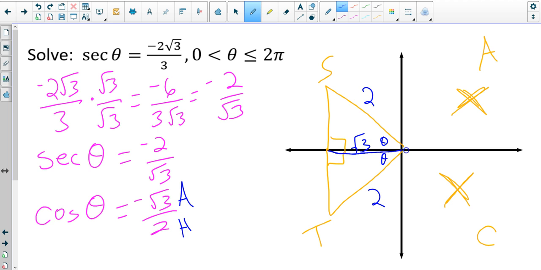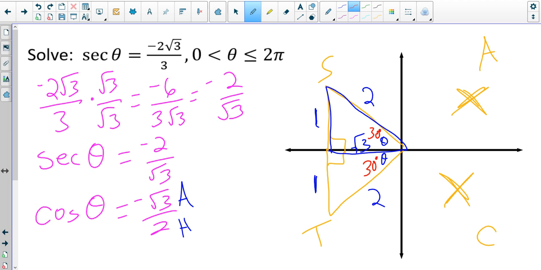For this top triangle here, if I did the Pythagorean theorem, x squared plus the square root of 3 squared, so x squared plus 3 is equal to 2 squared, we would get a value of 1. Same thing here on the bottom triangle. This matches up directly with my 30, 60, 90, with the 30 being here at theta.